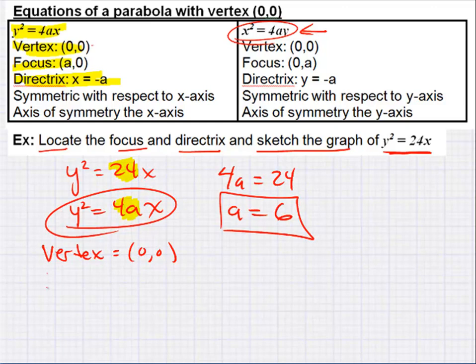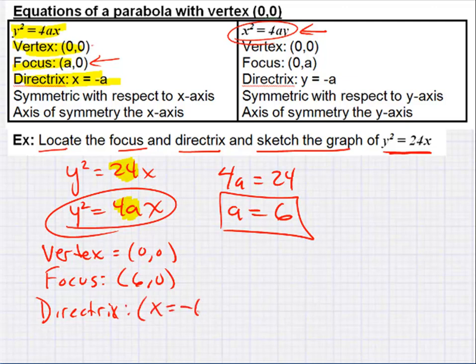Then what we know is that the focus, since it's in this form, should be 6, 0, the directrix should be x equals -6. And I don't have to put parentheses around that. I guess that's unnecessary.